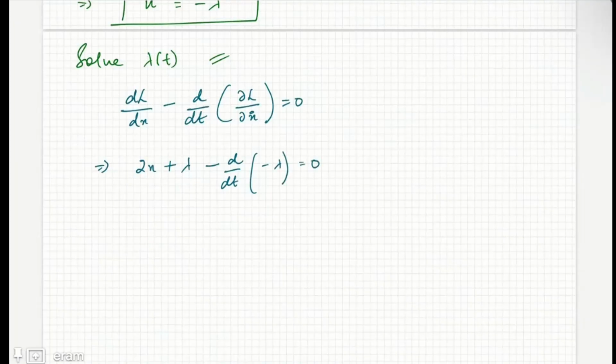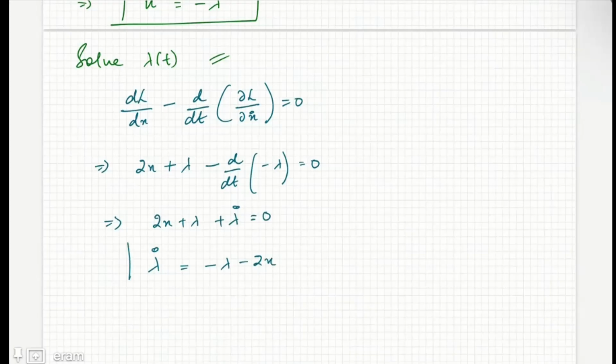So this equals 0. So it is 2x plus lambda dot equals 0, so lambda dot equals minus 2x. Okay, so lambda is governed using this dynamical equation.